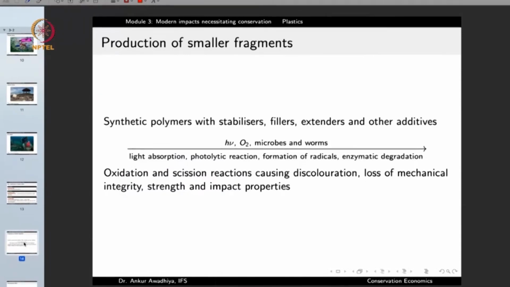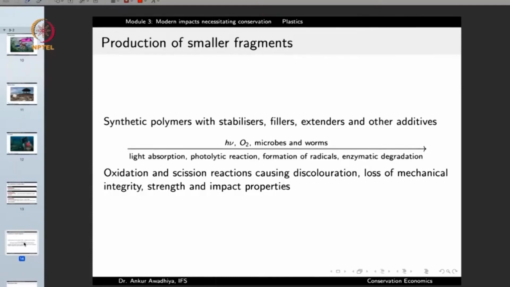So when we look at the production of these smaller fragments, the synthetic polymers have a number of things together with them. So if we look at any plastic container, such as this bottle of water, now this has plastic, but it also has a number of other constituents. So it has a stabilizer, it has certain fillers, it has a plasticizer. Now, these chemicals are added to the polymer, which is the plastic, to improve the properties.